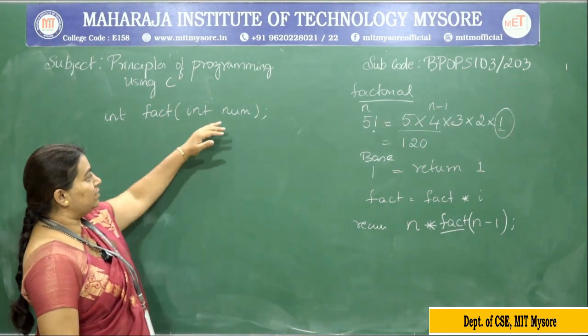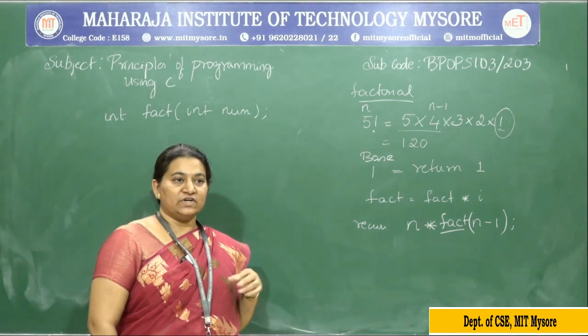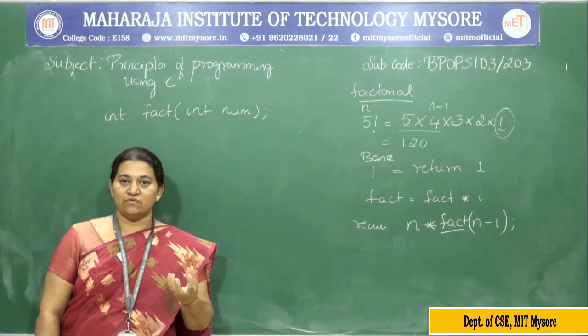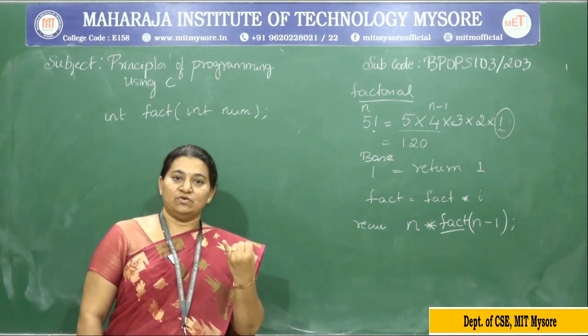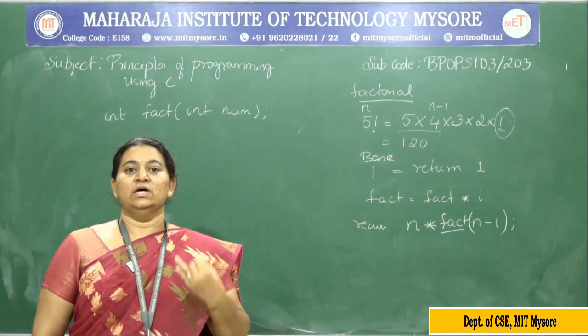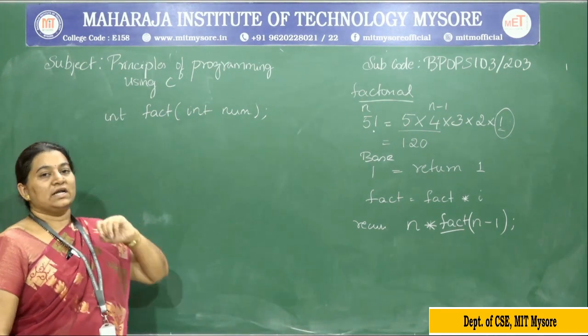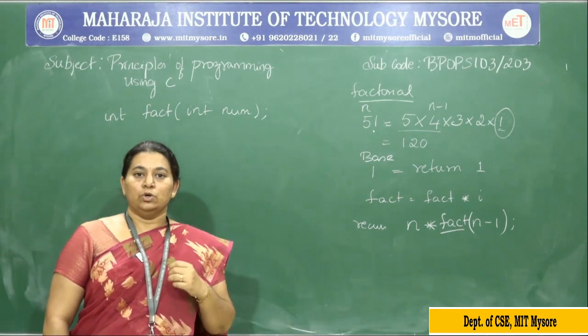So this will become the declaration of your function. Whatever function you use, first you have to declare it. Next I have to give a definition to it, then I have to call it. So this is the function declaration.